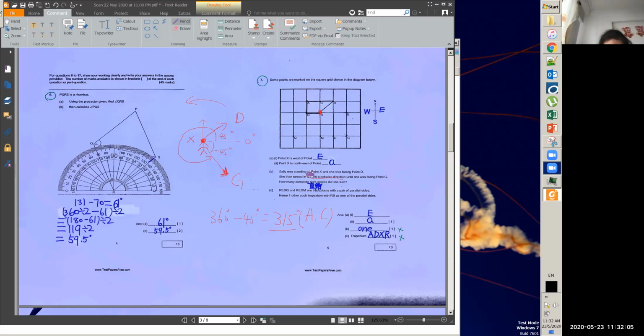Now, how many complete right angles did she turn? We talked about obtuse angle, which is more than 90 degree, and acute angle, which is less than 90 degree, and right angle, which is 90 degree. So how many complete right angles?